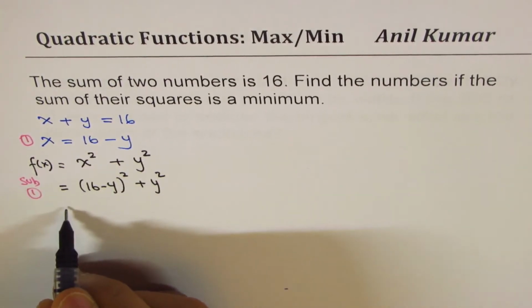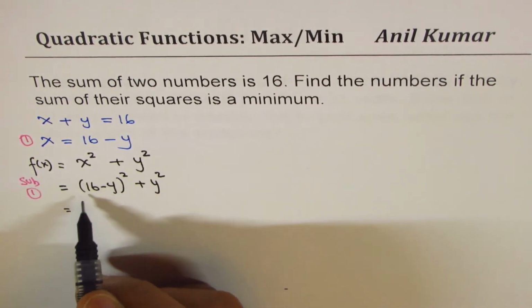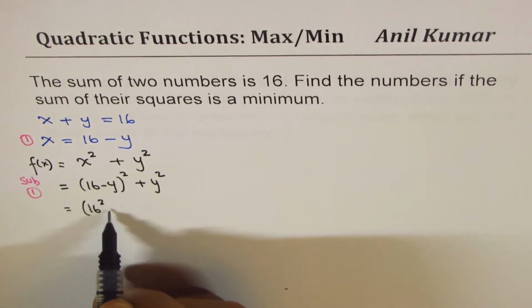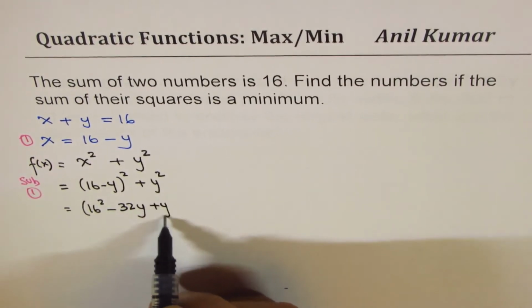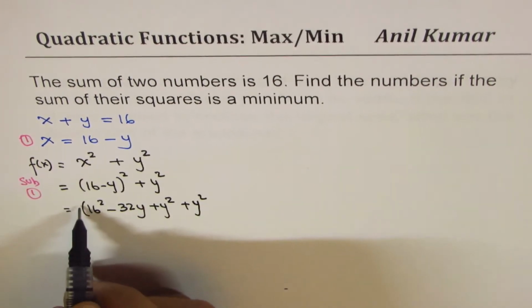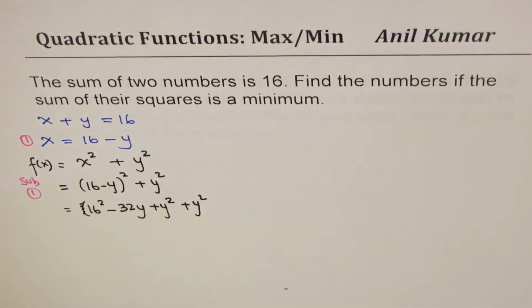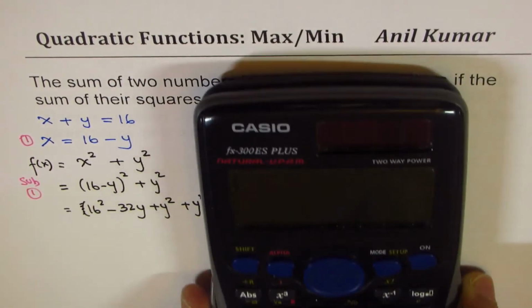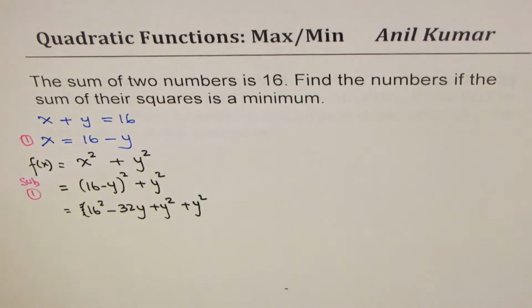Now we can just expand it. If you expand, you get 16 square minus 2ab, which is 32y, plus y square, and we already have a y square here. No need for brackets. 16 square is 256.